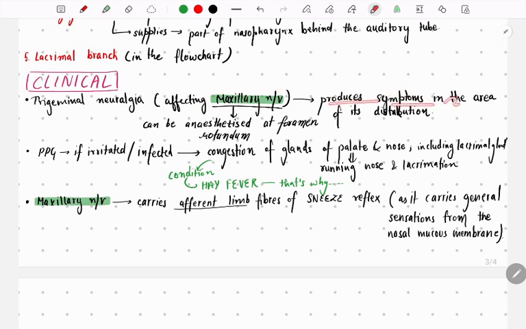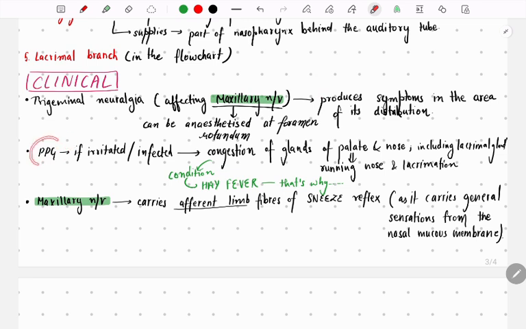In neuralgia, we have symptoms in the area of distribution of the nerve. So if the maxillary nerve is affected, the symptoms would be in the area of distribution of the maxillary nerve. If we want to anesthetize this nerve, we will do it at the foramen rotundum, where it exits the cranial cavity, right?